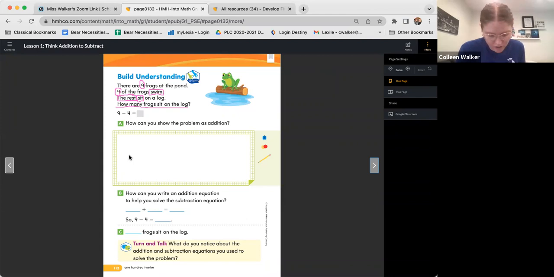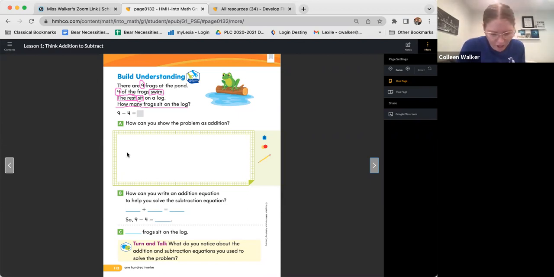One thing we could do is use 9 connecting cubes to show all of the frogs. We could use one color for the 4 swimming frogs and another color for the sitting frogs. Since we're doing frogs, I think I'll use 2 shades of green.